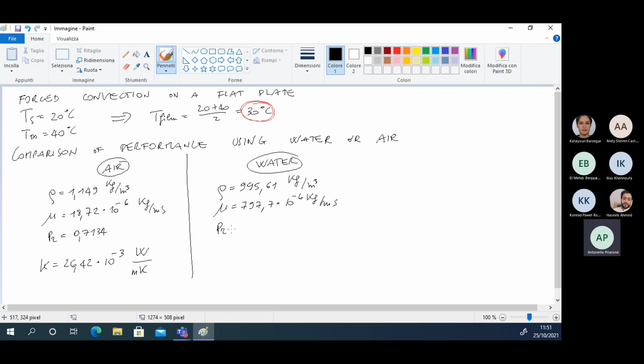Prandtl number equal to 5.422. And thermal conductivity is equal to 615.4 times 10 to minus 3 watt per meter Kelvin. Okay, this is the starting point: evaluating at the film temperature the thermophysical properties of the two fluids.